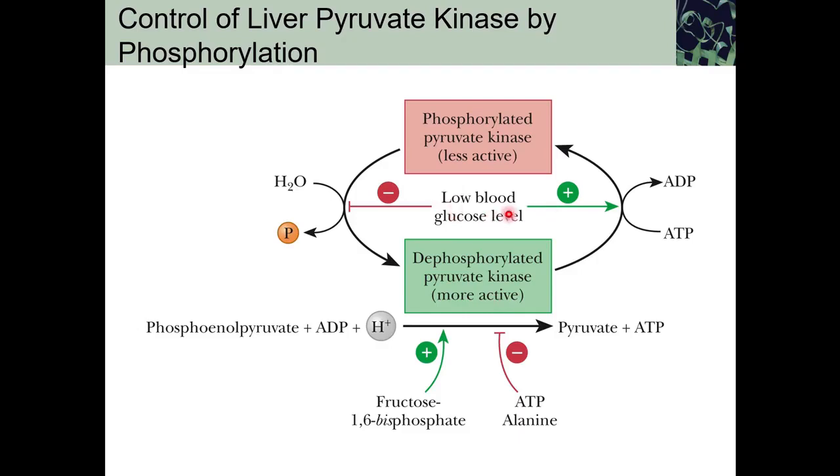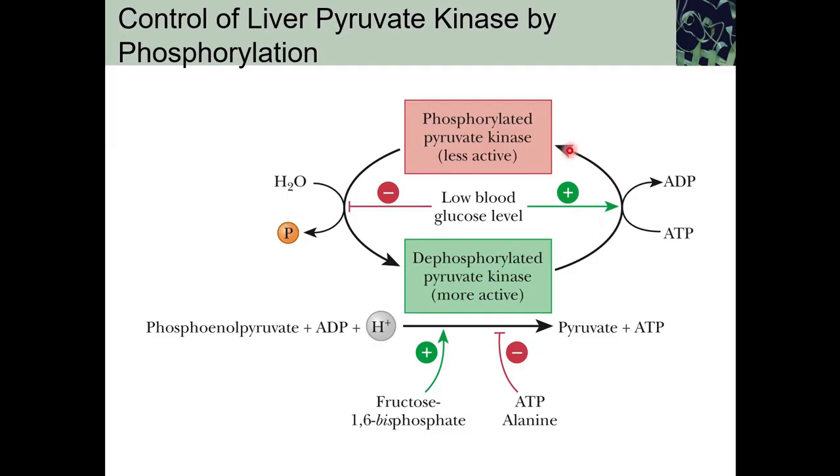When you have high blood glucose level, what happens? When you have low blood glucose level, the pyruvate kinase is phosphorylated into a less active form.